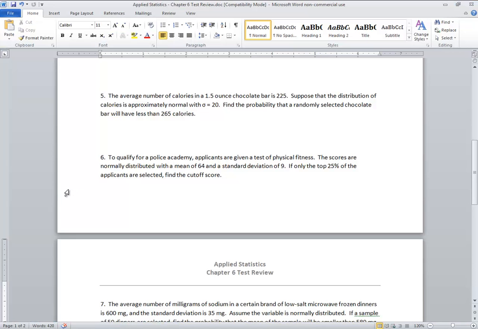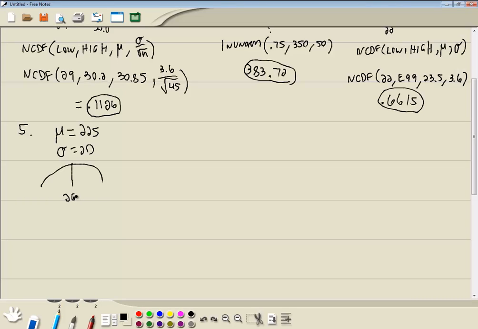So less than 265. A refers to 1. So we're using the same formula we just looked at. Normal CDF, our low, our high, our mean, and our standard deviation. So we'll do normal CDF, negative E99, comma, 265, comma, 225, comma, 20.